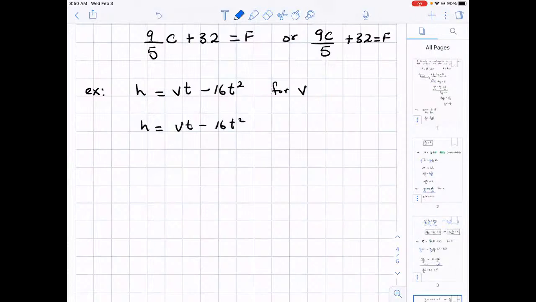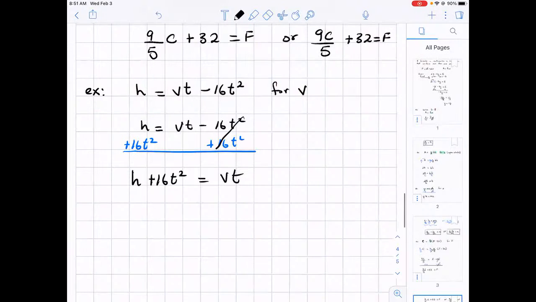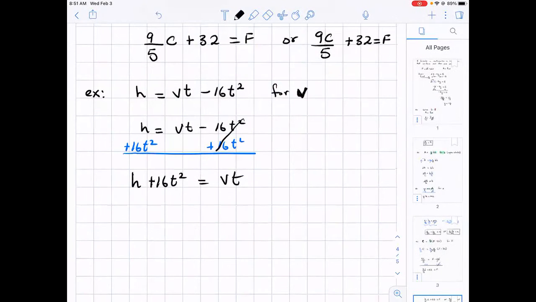I am going to add 16t squared to both sides. And if I do that, we now have h plus 16t squared is equal to vt. This becomes 0. Remember I said before, whatever is next to the v, that's what we leave for last.